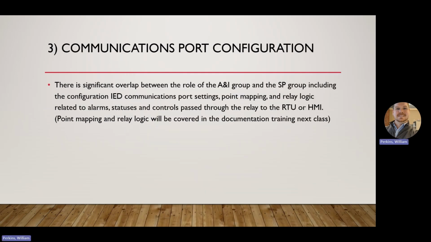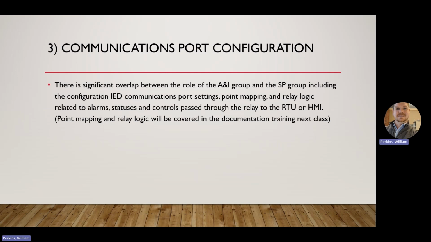All right, so we've talked about how A&I interfaces with the PNC group. The A&I group also will interface with the system protection group, which does all the configurations for relays and IEDs. As it relates to the overlap between the two groups, the A&I group will help with the configurations of the port settings within the relay.